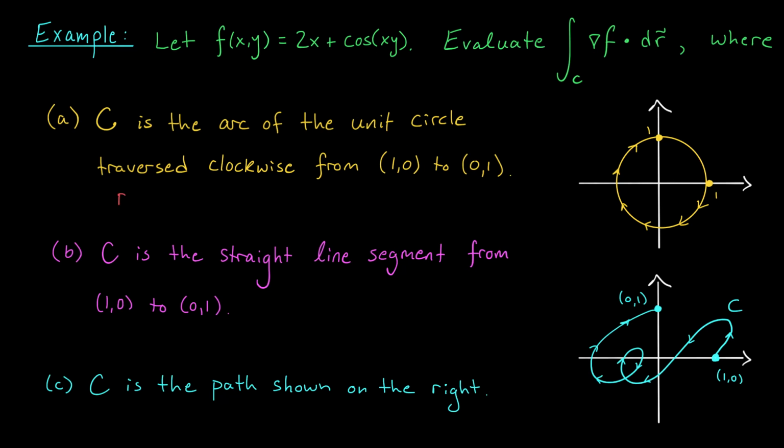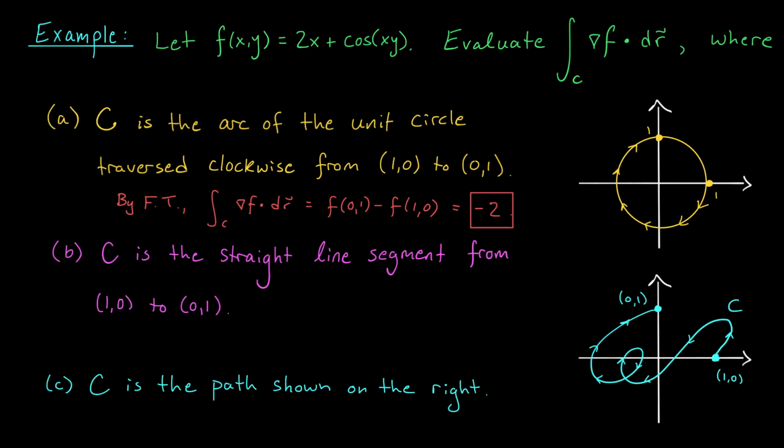Much, much faster. By the fundamental theorem, this line integral over C of gradient of f dot dr is f of (0, 1) minus f of (1, 0). And I'll let you verify with a very simple calculation that this gives an answer of minus 2. No parametrization required, no derivatives required, very, very straightforward.